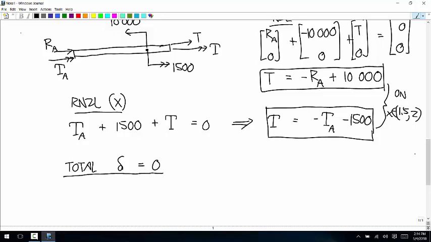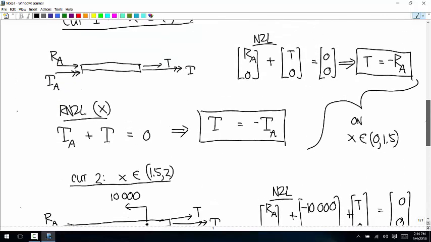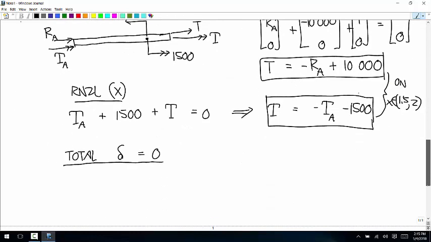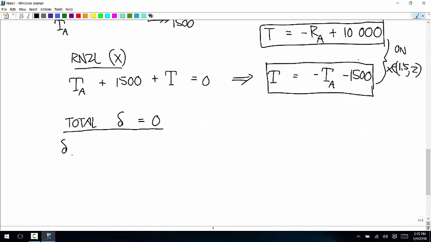So that says that the internal tension on that first part, that's 1.5 meters long, times the length divided by EA, plus the internal tension on the second part, times the length of the second part over EA, they have to add up to 0. So, let me write it like this. On that first piece, the piece that the first cut represents, delta 1 is equal to P1 L1 over EA.